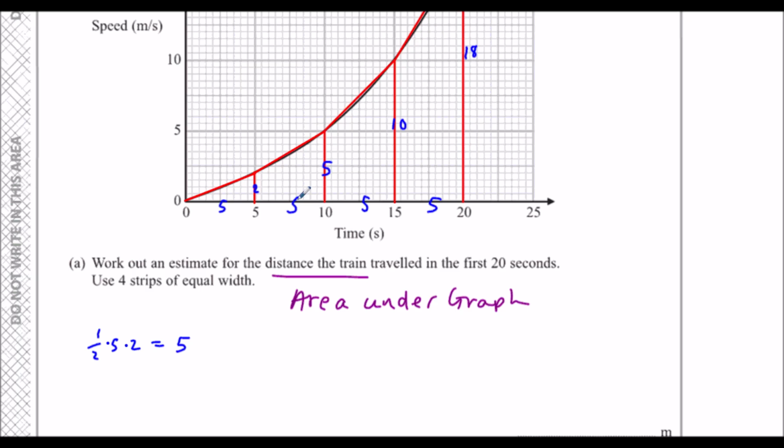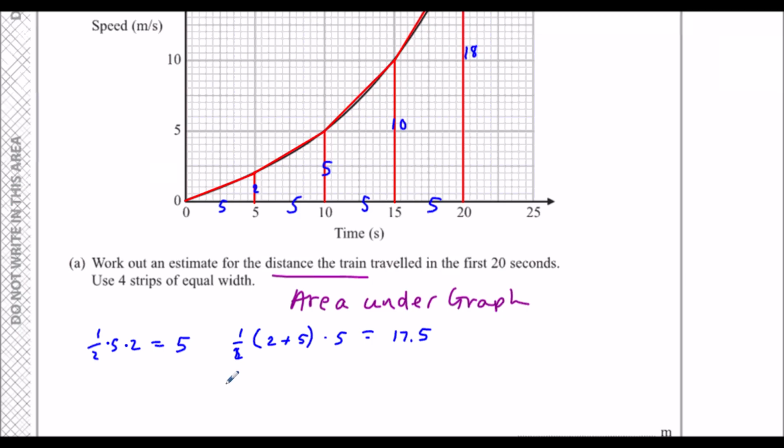So for a trapezium, it's half times the sum of the two parallel sides, so 2 plus 5, times the distance between them, which is 5. We'll type it in the calculator. That's 17.5.